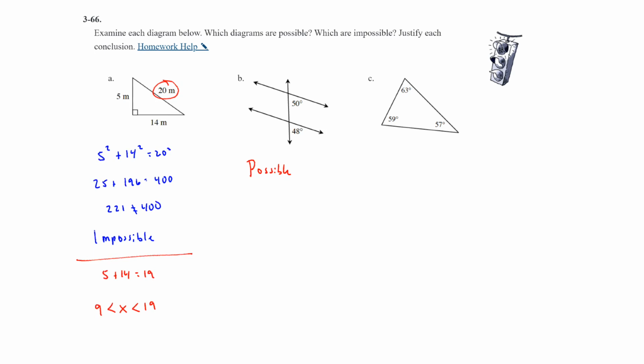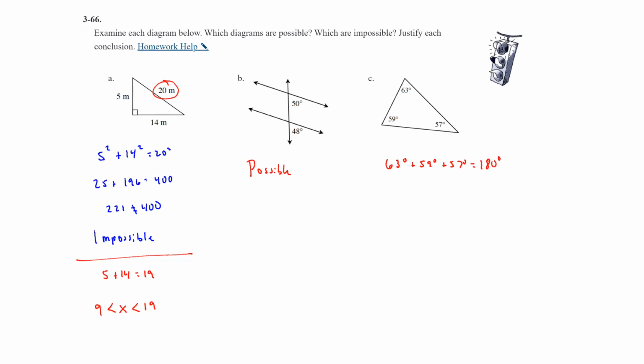And on Part C, 63, 59, and 57, and you can add up using the triangle angle sum theorem. Add up the 3 angles, and if they add up to 180 exactly, then it will work. If not, then it will not.